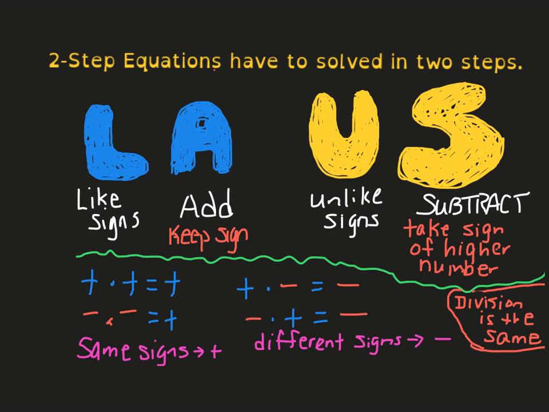So as you remember, two-step equations have to be solved in two steps. So it's going to have an addition or subtraction in the same problem as a multiplication or division part to it. So multiply or divide paired up with addition or subtraction.